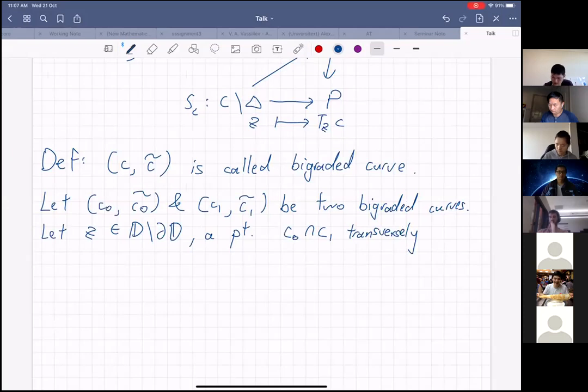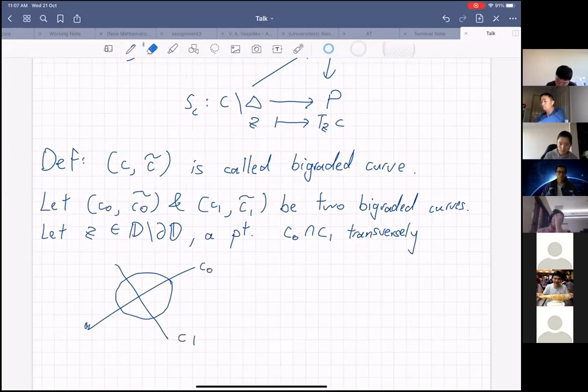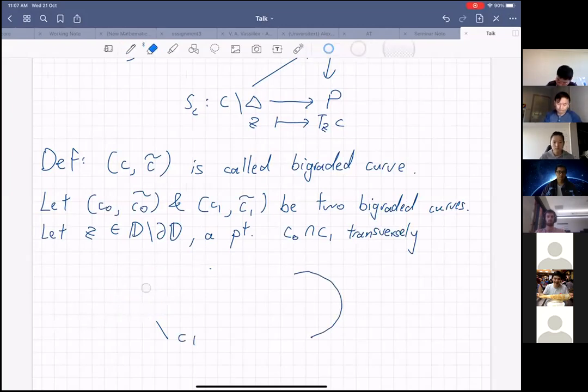So in this case, you have two cases. For example, you can have C0, C1. Okay, so this is in S0, or you can intersect at, okay, don't draw the circle first, later it will confuse you.